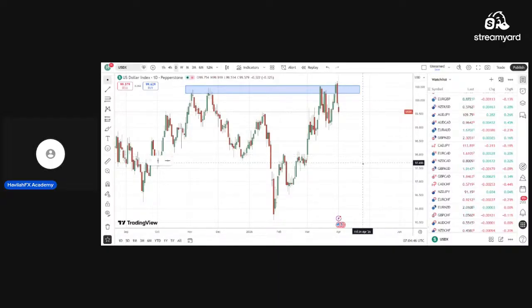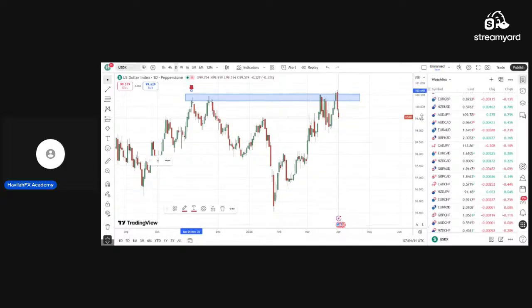And that has been proven to be right because right here on the daily time frame, I marked this zone on Monday. We have a valid resistance level on that area. Price hit the resistance level multiple times, and then between Monday and now, price eventually entered that resistance zone.